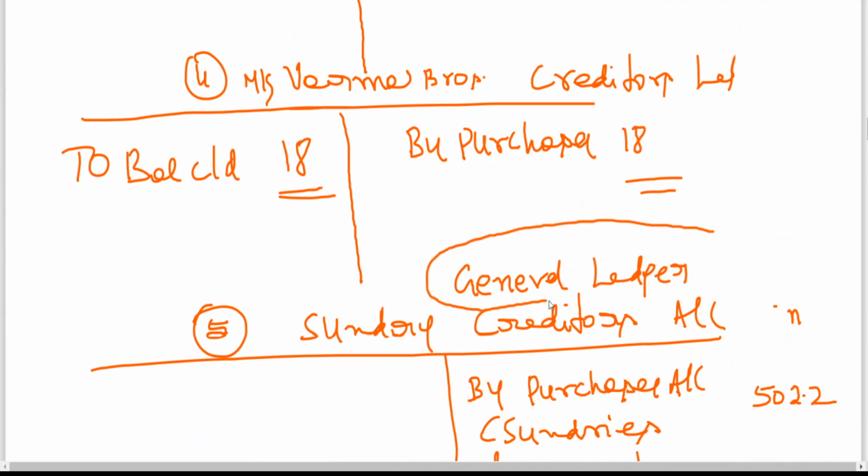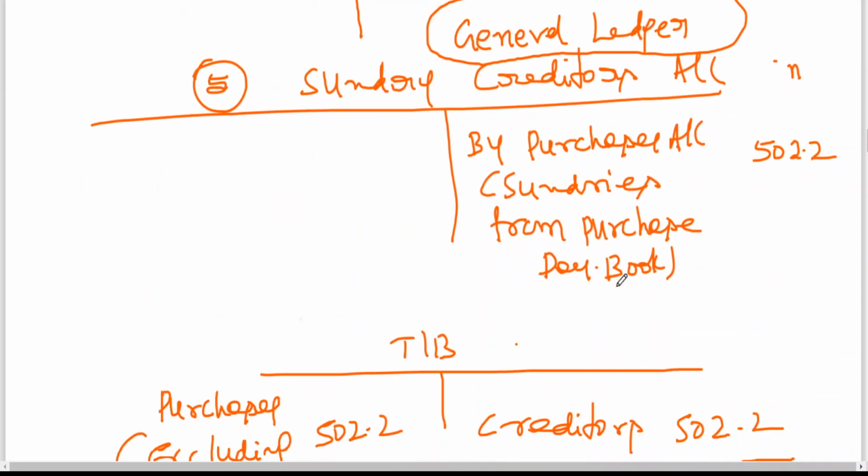Then Creditors ledger is for what, sir? Creditors ledger is for knowing the amount due to each supplier, how much has been paid, and what is the balance. So in simple words, the total of individual suppliers is in the form of sundry creditors. That is why I think most of you won't have learned this. If you have, you learned that in 12th standard.